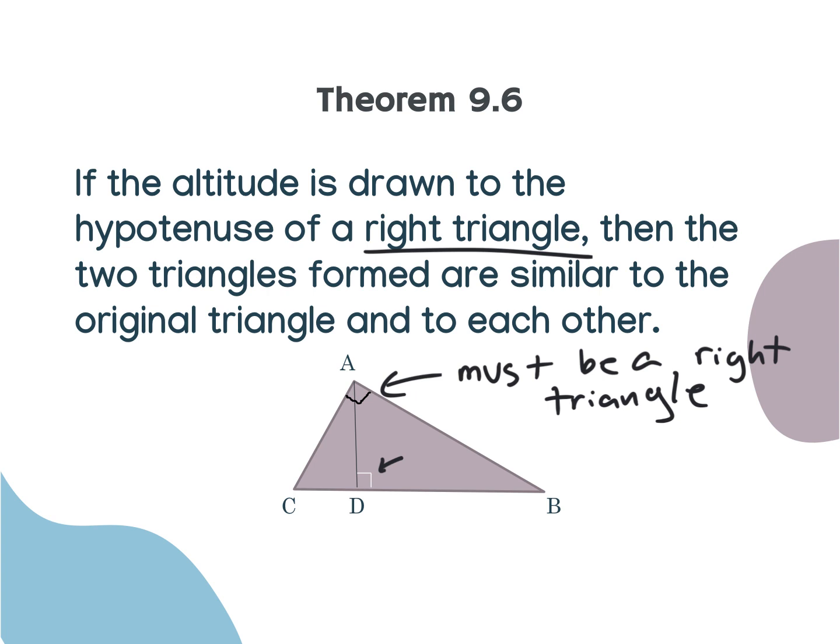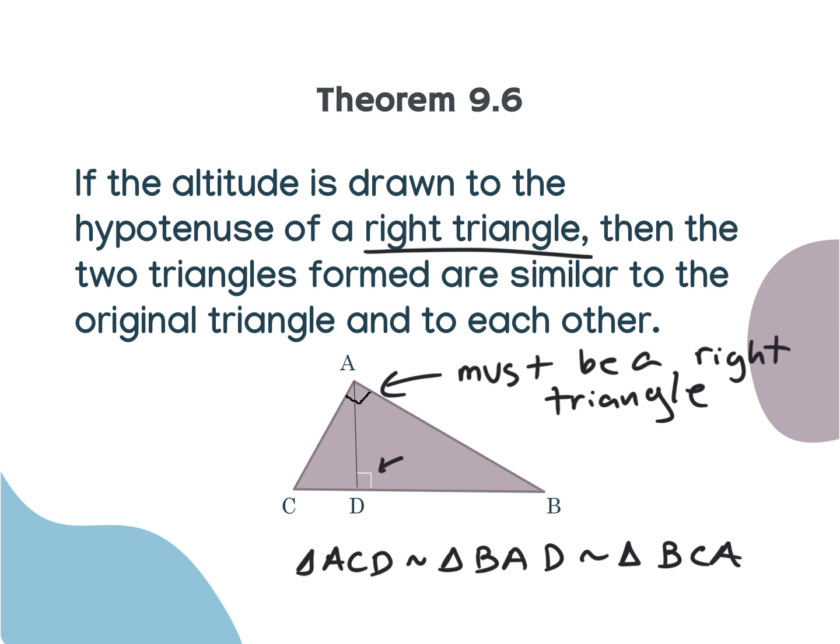The big triangle ACD is going to be similar to triangle BAD, which is going to also be similar to triangle BCA.